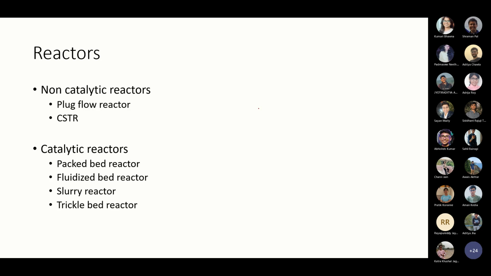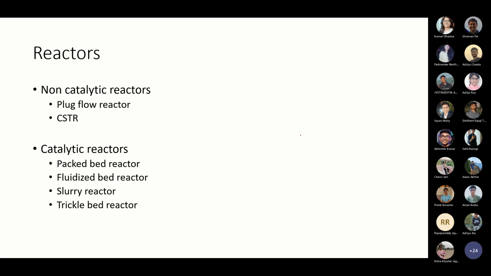Non-catalytic reactors are used especially if the reactants and products are fluids. But if there is a requirement of catalyst, especially solid catalyst, to enhance the process conditions, we need to use catalytic reactors.